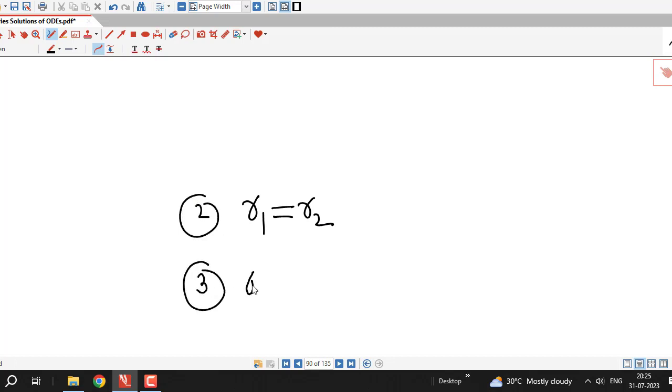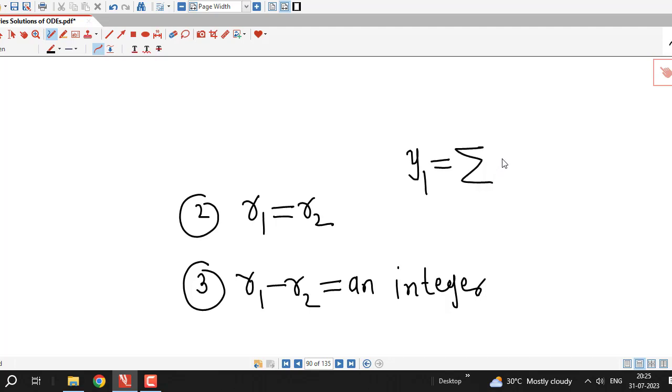So you can observe that if we have equal roots of the indicial equation, that was the second case, and if we have roots of the indicial equation differing by an integer, then what we have done is we have obtained the first solution using the Frobenius method.